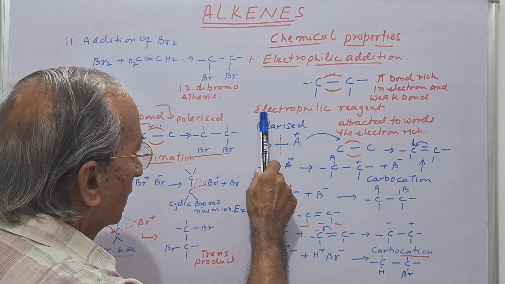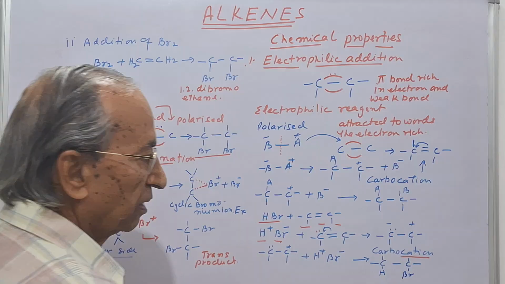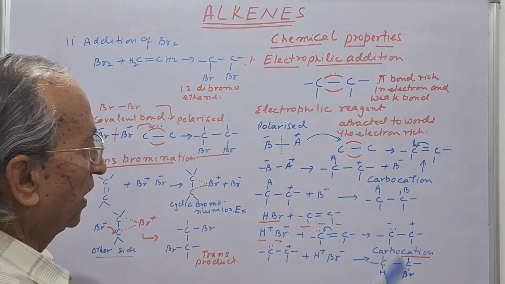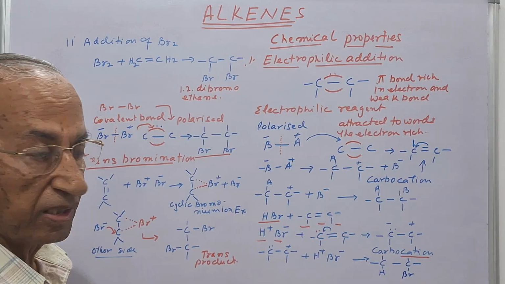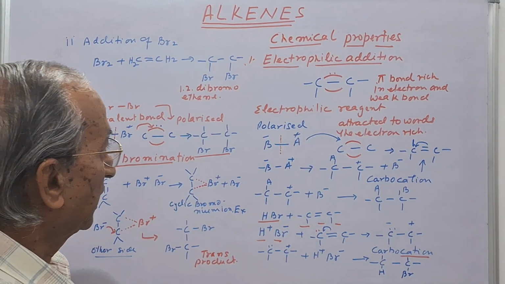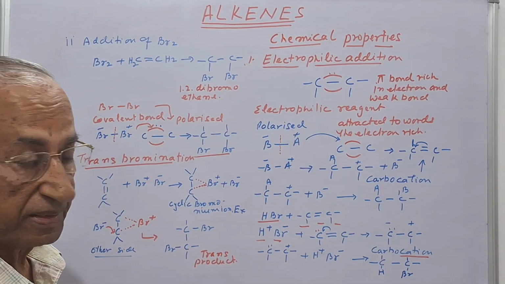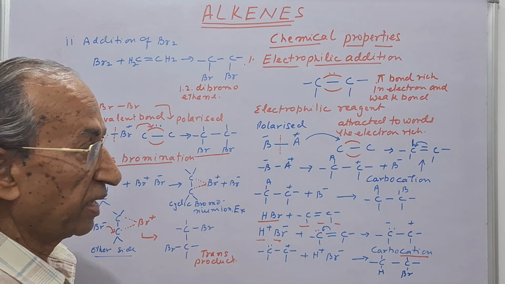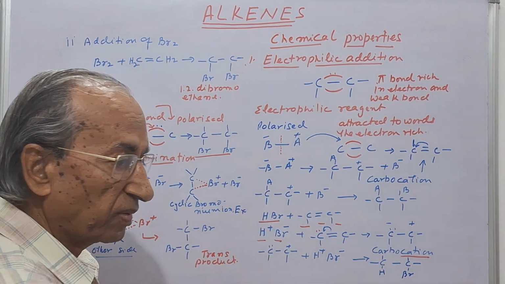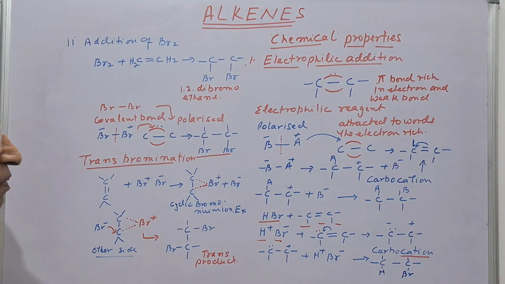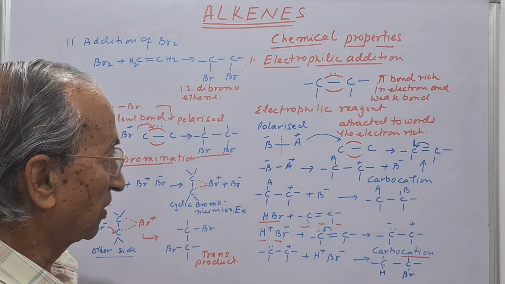Electrophilic reagent means, you see, pi bond is a rich electron bond, and electrophilic reagents are the reagents which are in search of the electrons, or they are attracted toward the electrons, or they are deficient of the electrons.